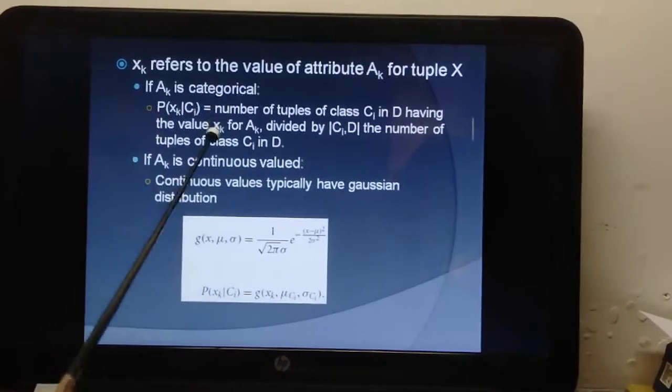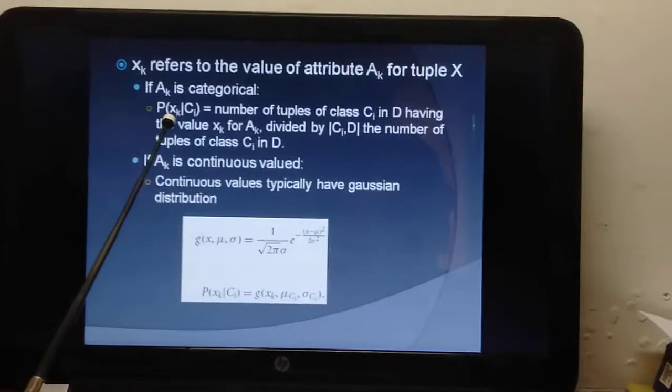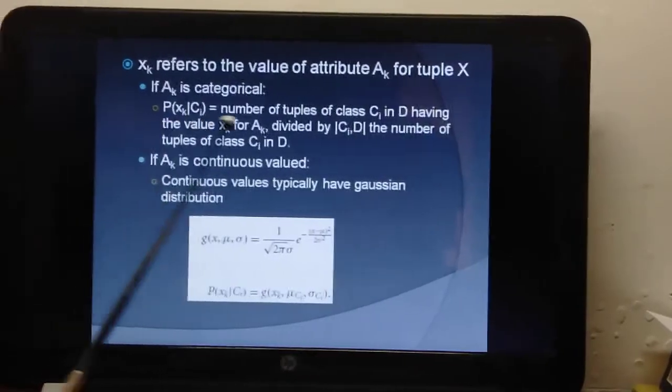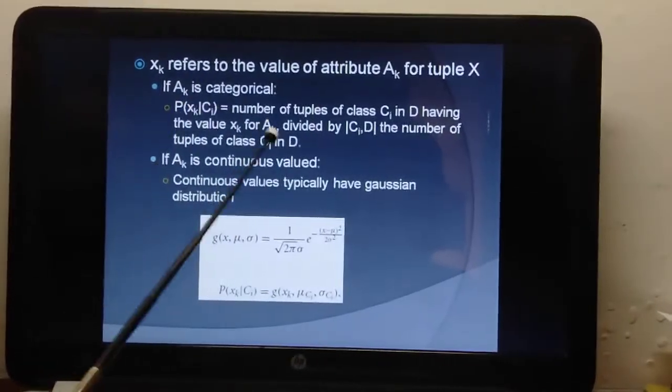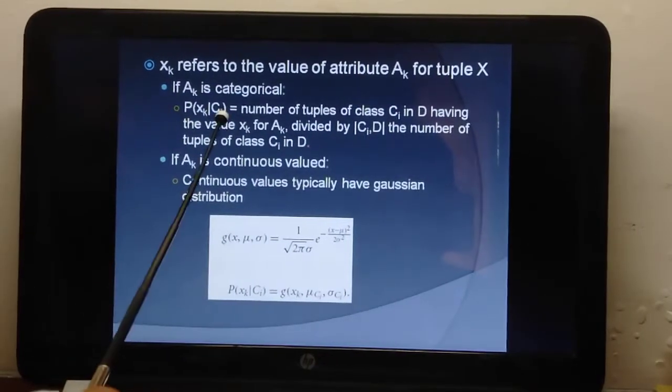For youth you find it separately, for middle-aged separately, and for senior separately, and multiply the values to get the total value for that particular attribute.